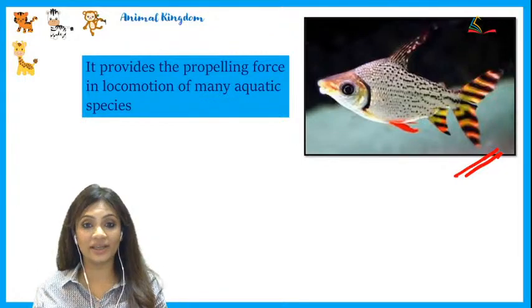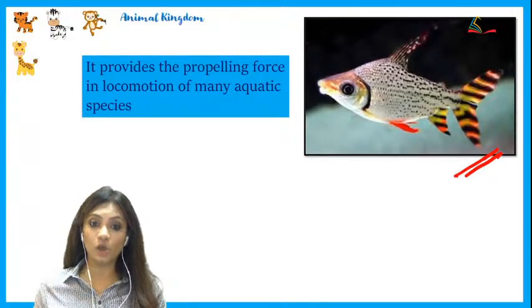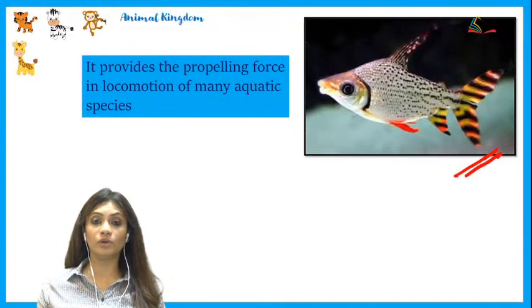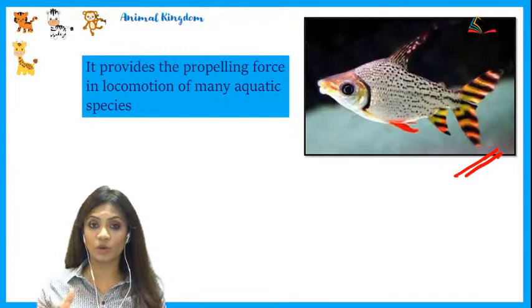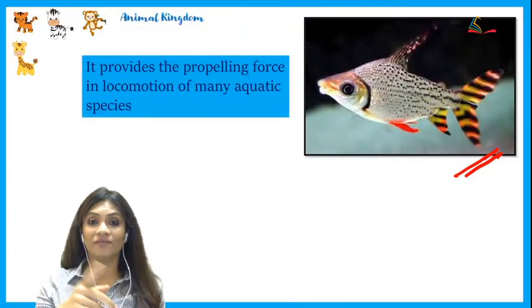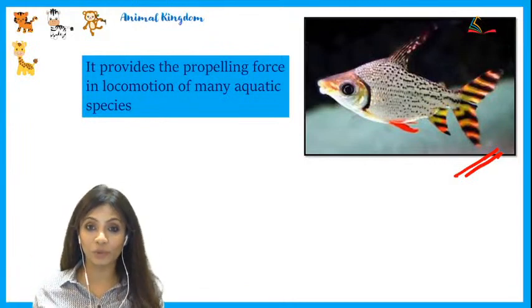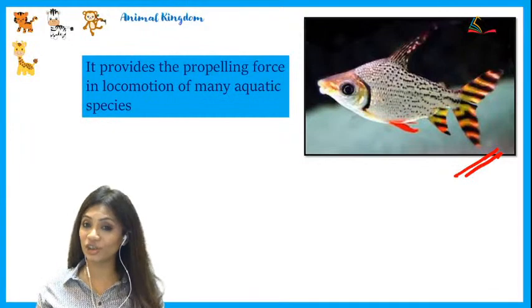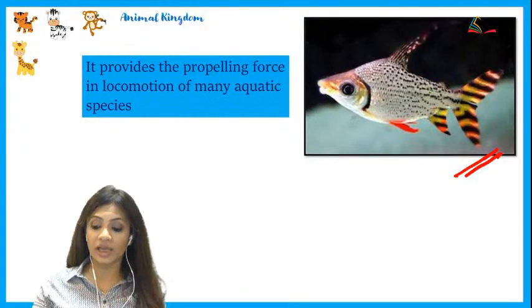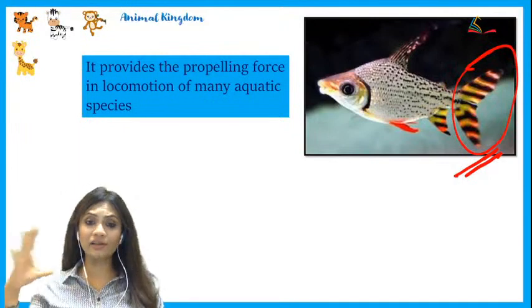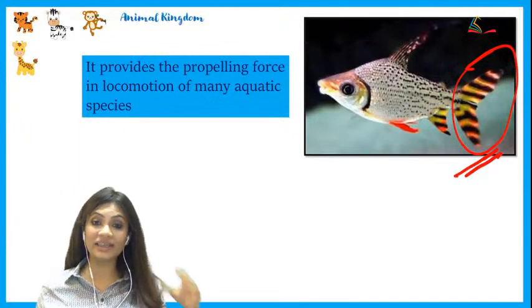So it provides the propelling force in locomotion of many aquatic species. Children, if you've ever gone boating, and you want to change the direction of the boat, the rudder is at the back end of that boat. Why is that? The concept came from fishes. So even in fishes, it is the rear end, the tail region, which helps in steering.